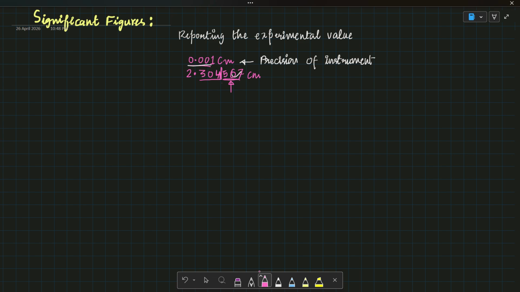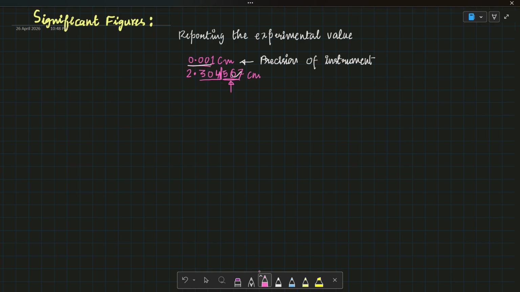That's why whenever we are reporting an experimental value, we always have to keep in mind the precision of the instrument.